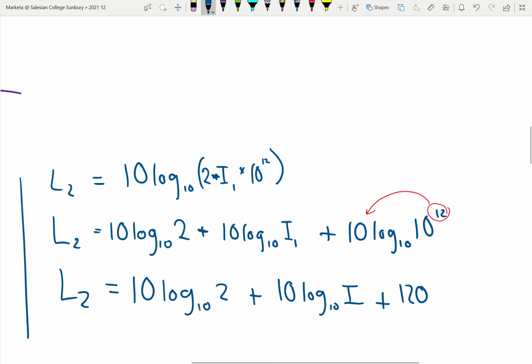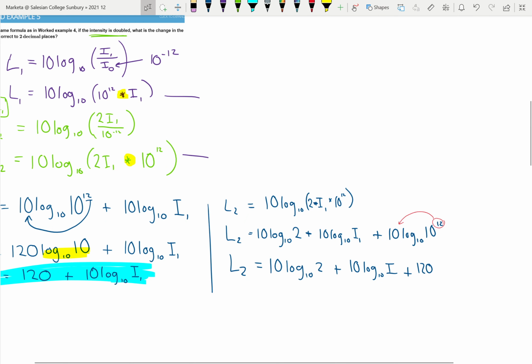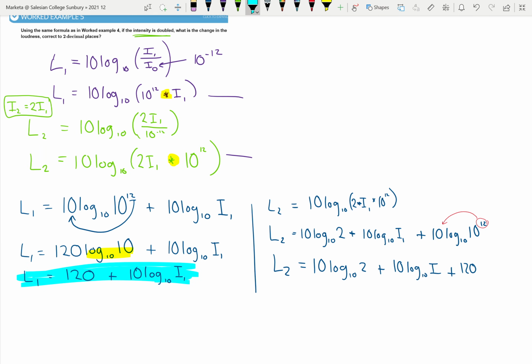And now we can compare the two equations. So I'll just make it so we can see both of them. So we can see these are our two equations here. And we're looking for the difference. So what is the change in loudness? So we want to see what's the difference between the two. Well, we've got 120 in this one, we've got 120 in this one.